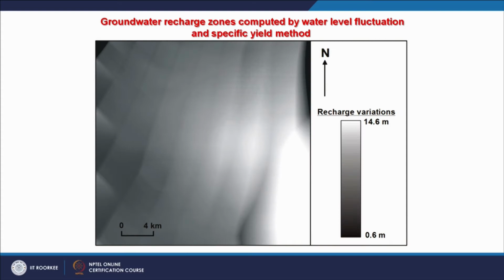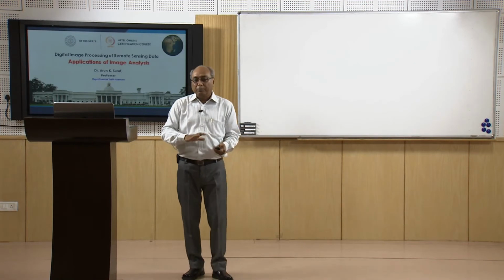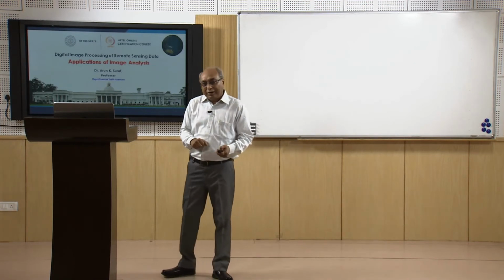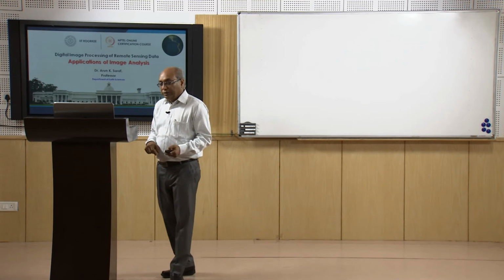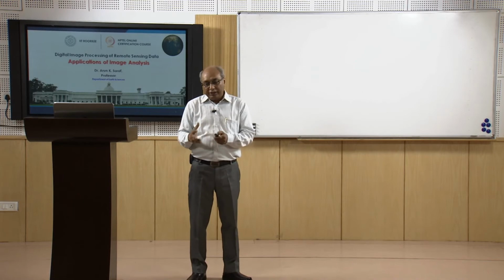And when we integrate along with the groundwater recharge information, which is coming from monsoon and post-monsoon water level measurements in the observation wells, then we can create a new product through the integration of these maps on a GIS platform.